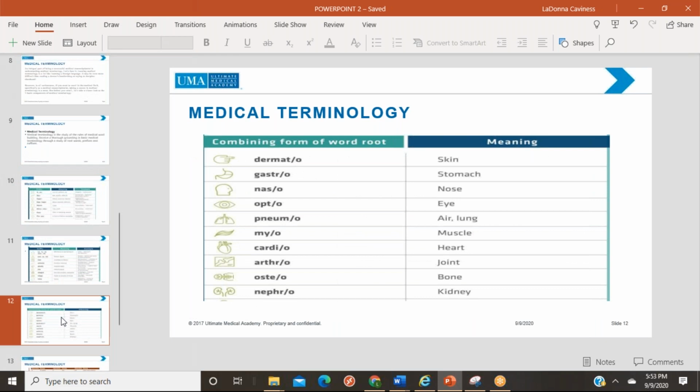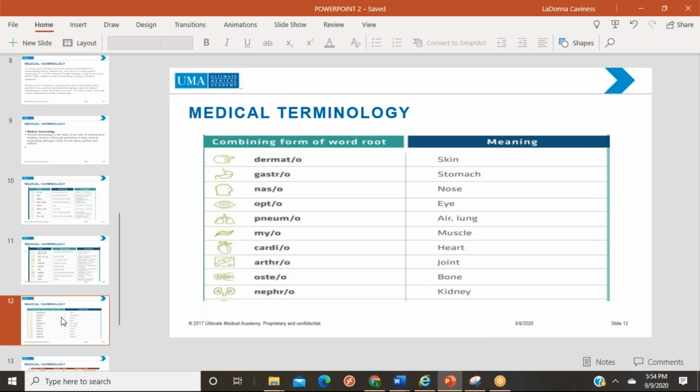All right, and here's a list of some combining forms or word roots, if you may. So when we talk about the combining form, dermat would be actually your word root, and O would be your combining vowel.